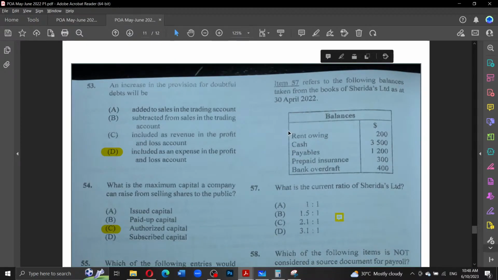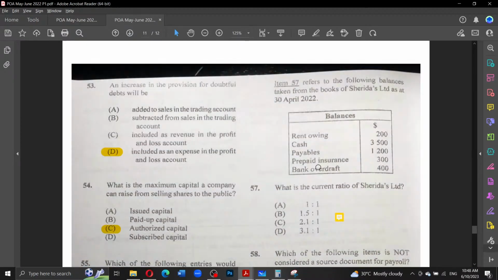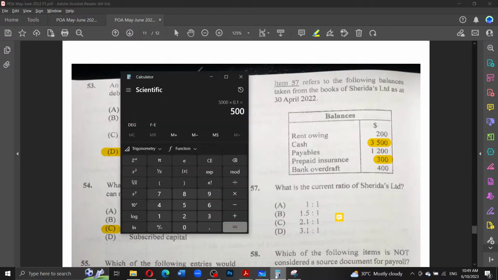Alright, let's identify the current assets and current liabilities. I'm going to underline the assets. This here is a liability, amount owing. Cash is an asset, payables a liability, insurance 300 is a prepayment. Bank overdraft is a liability.